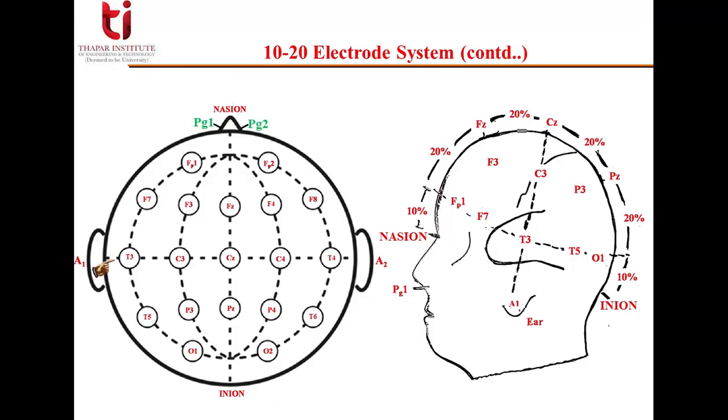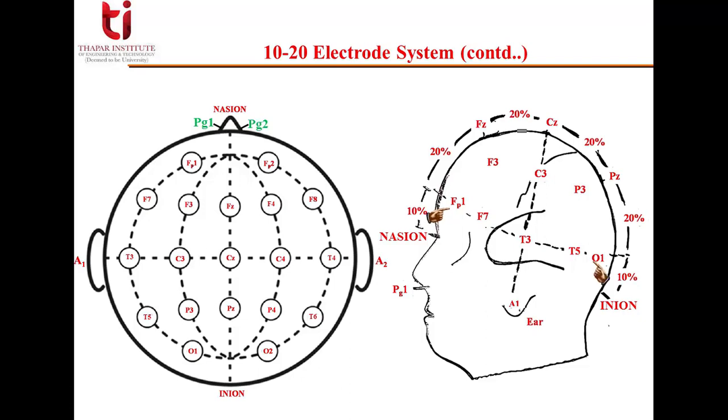The T3, C3, CZ, C4, and T4 electrodes are placed at marks made at intervals of 10%, 20%, 20%, 20%, 20%, and 10% respectively, measured across the top of the head. Skull circumference is measured just above the ears, at T3 and T4.